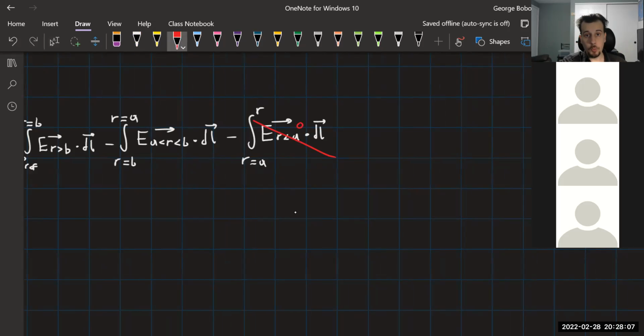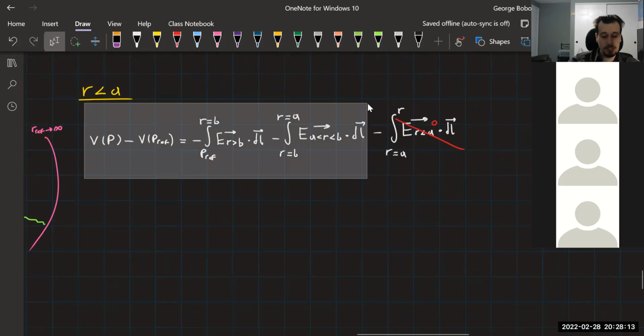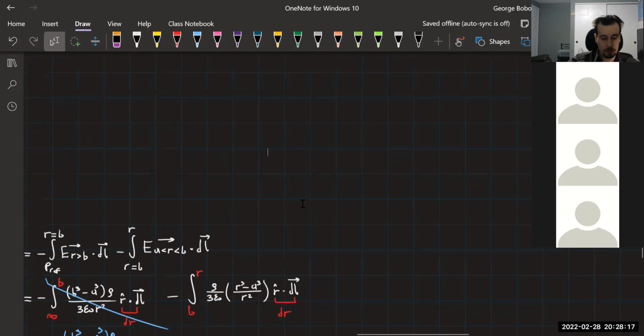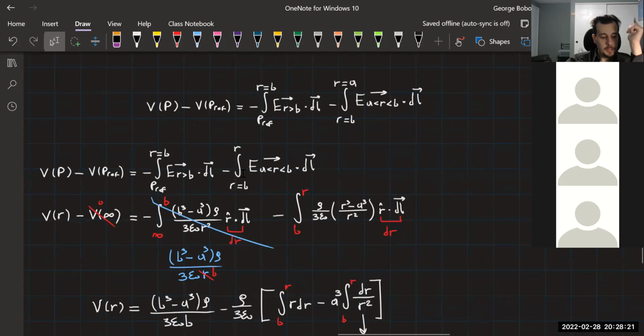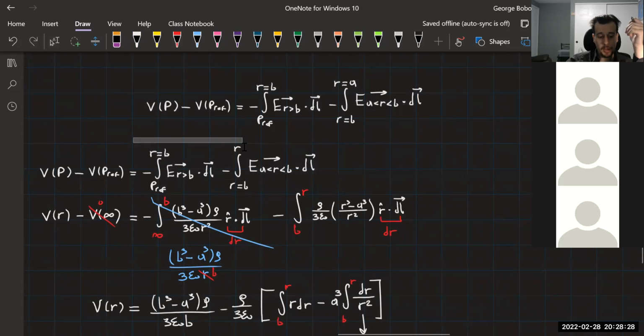It makes it 0. Okay, and as you can see, if you were to compare what I'm writing here to here, look. The only difference is this bound.